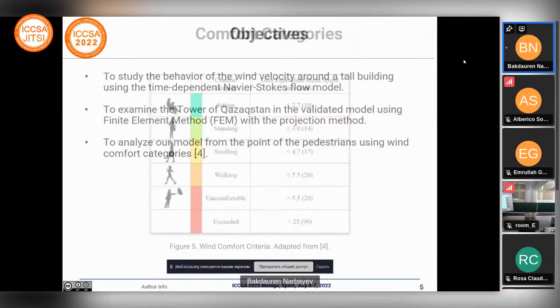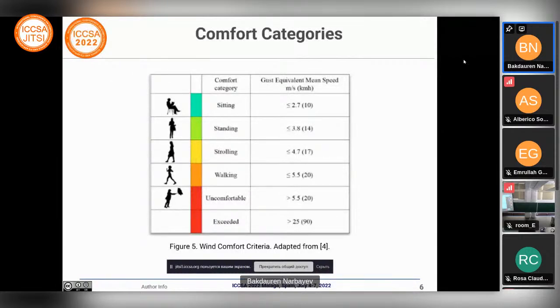There are mainly 6 comfort categories, which are referred to as sitting, standing, and so on. These categories are defined by the gust equivalent mean speed. In our research, the main focus is on the uncomfortable and exceeded categories, the bottom ones, because they are the categories that make pedestrians' lives harder, let's say.